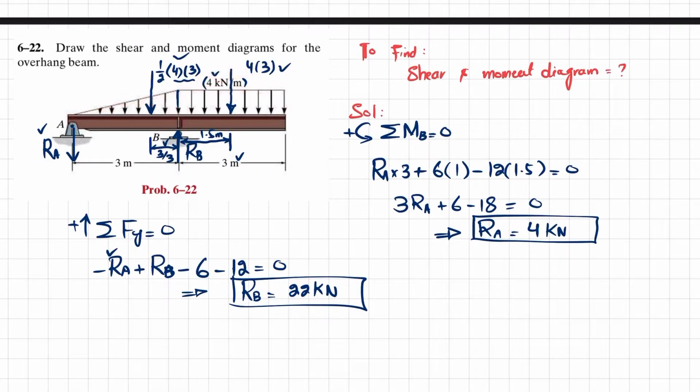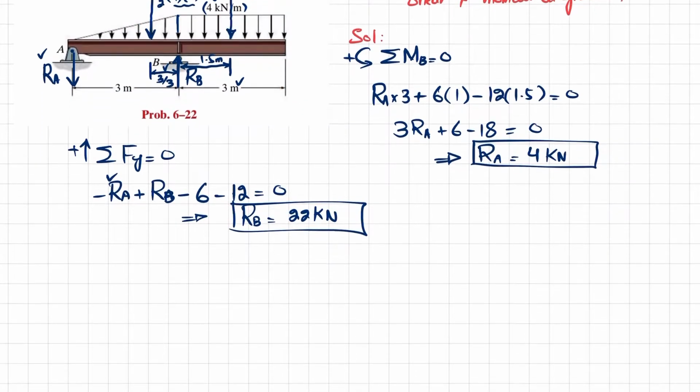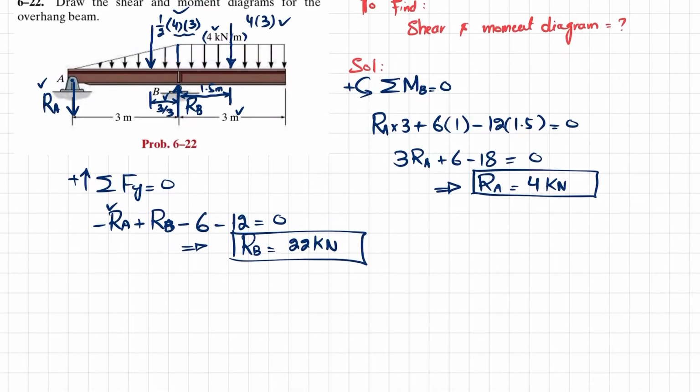So we will find the shear force and moment equations for region AB, and then for region BC. For region AB, x is greater than or equal to 0 and less than or equal to 3. For region BC, x is greater than 3 and less than or equal to 6 meter. And we will find the shear force and bending moment equations.